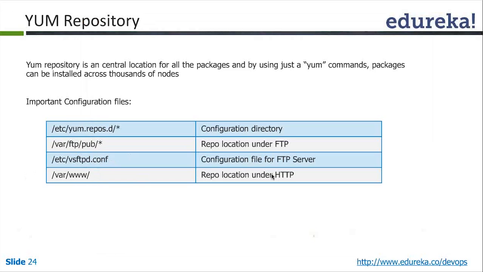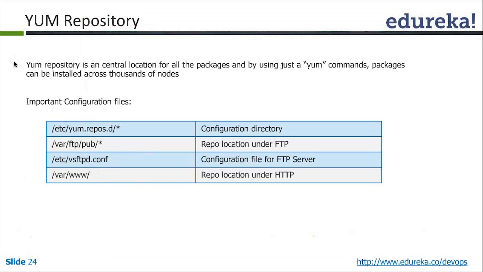We will also see that small process of how to create our own repo, and this is what happens in an organization. We don't allow any server to connect directly to the internet. That should not happen.